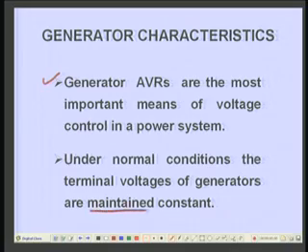The reactive power may be injected by synchronous condensers, SVCs, shunt compensators or static capacitors, and so on, but these are the means for regulating the voltage. Therefore, in generators the AVRs will regulate the voltage. Under normal conditions, the terminal voltage of generators is maintained constant, that is, as the loading condition changes, the terminal voltage is maintained constant by the AVR.